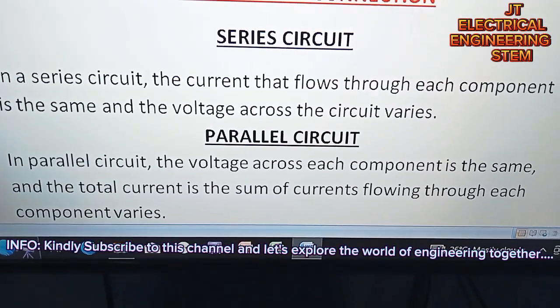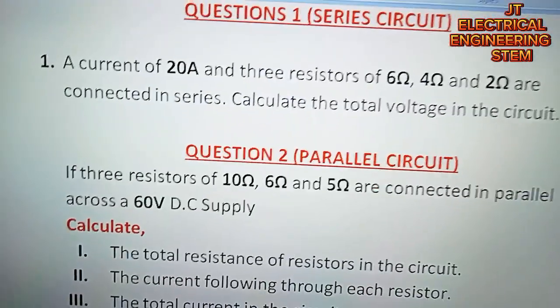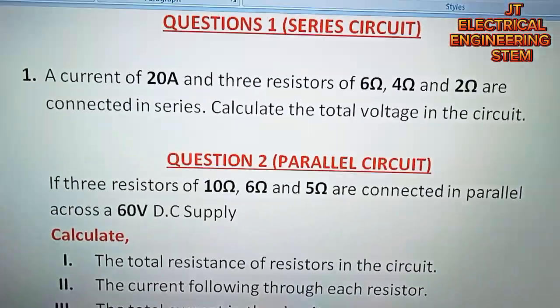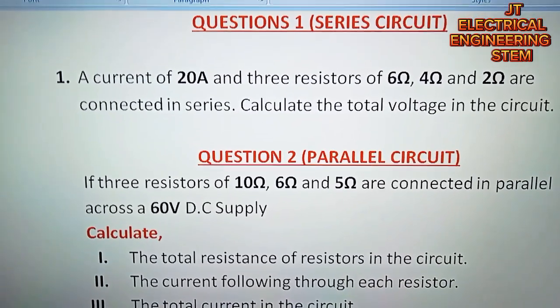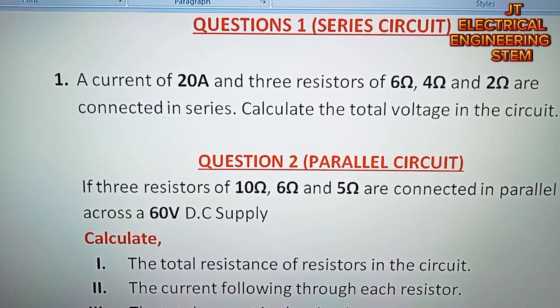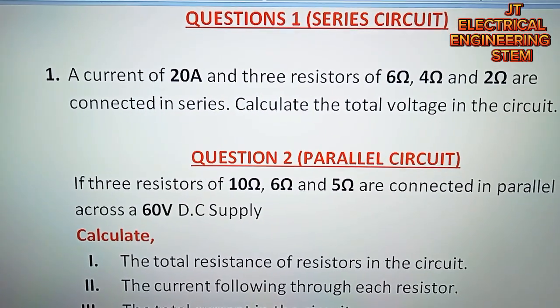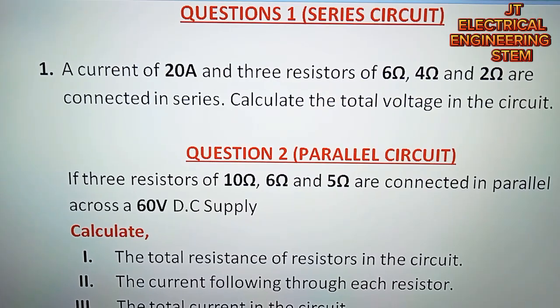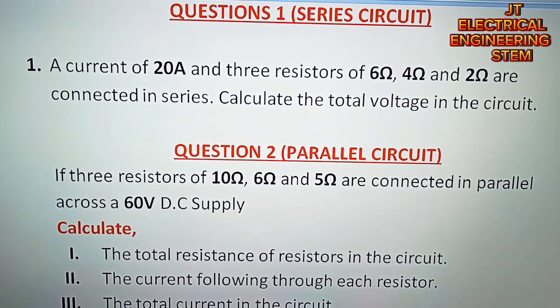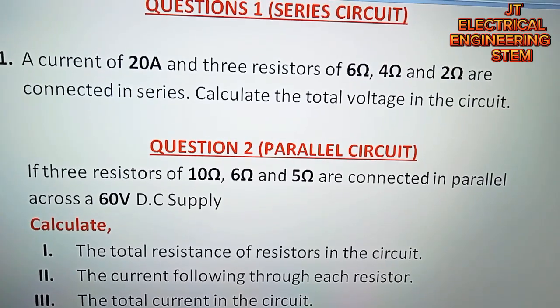So let's go back to our calculation. Today we are going to take a question under series circuit. Question 1 says: a current of 20 amps and 3 resistors of 6 ohms, 4 ohms and 2 ohms are connected in series.